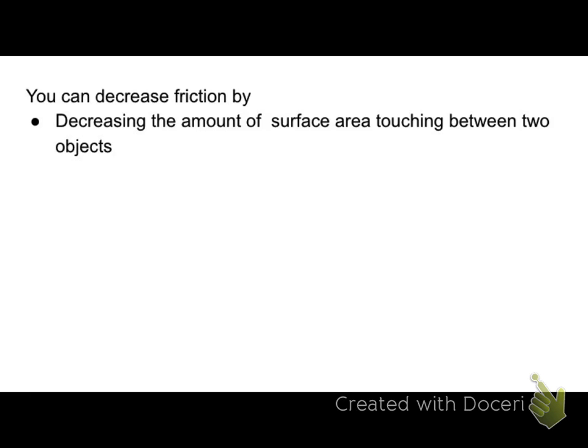Whereas if you have a box on four wheels, only the very bottom portion of each of those four wheels is touching the ground. That's a significantly smaller amount of surface area. So you have less friction to overcome, which is why a box on wheels rolls easier than a box that is just sitting flat on the ground.